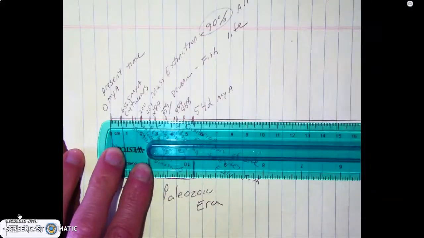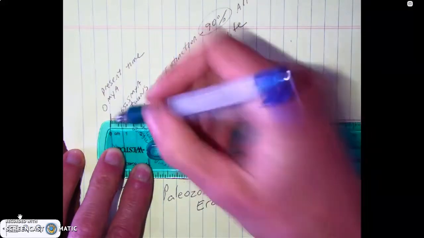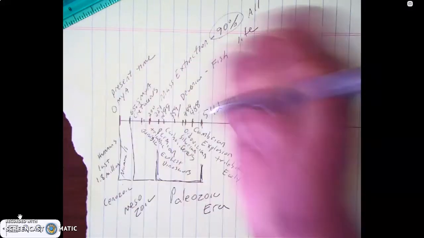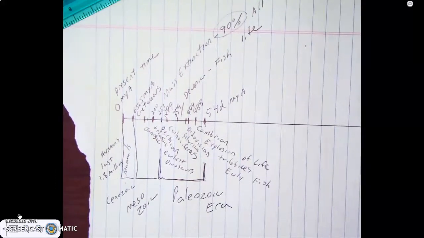When we're talking about a centimeter equaling 100 million years, drawing 1.8, I mean, it's so close to the top. We can't even do it. Maybe we'll just label it. We'll just say humans last 1.8 million years.